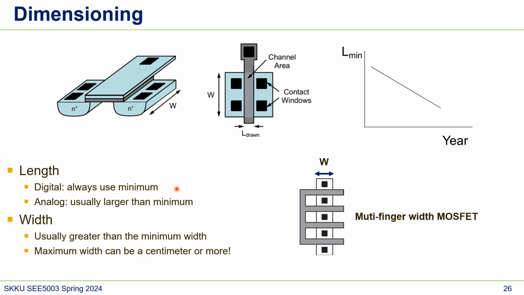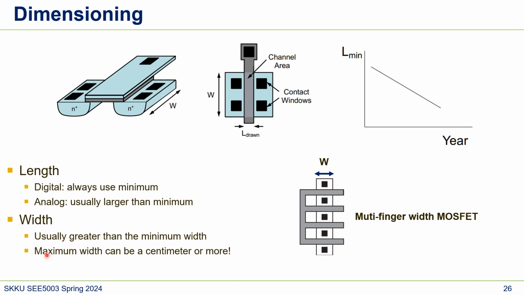Digital should be very fast, and it's very robust to variation. I'll say digital is immune to noise, but analog is not. That's why we need a larger L. If length is too small, it's hard to fabricate, which means it tends to have more variation. So we need a more stable length.